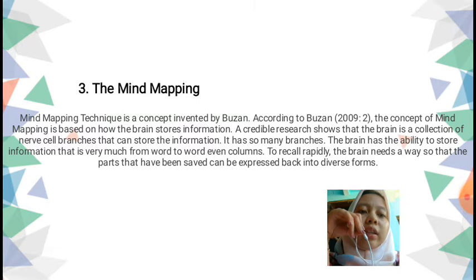It has so many cells. The brain has the ability to store information that varies from words to even columns. To recall rapidly, the brain needs a way so that the parts that have been saved can be expressed back into verbal form.